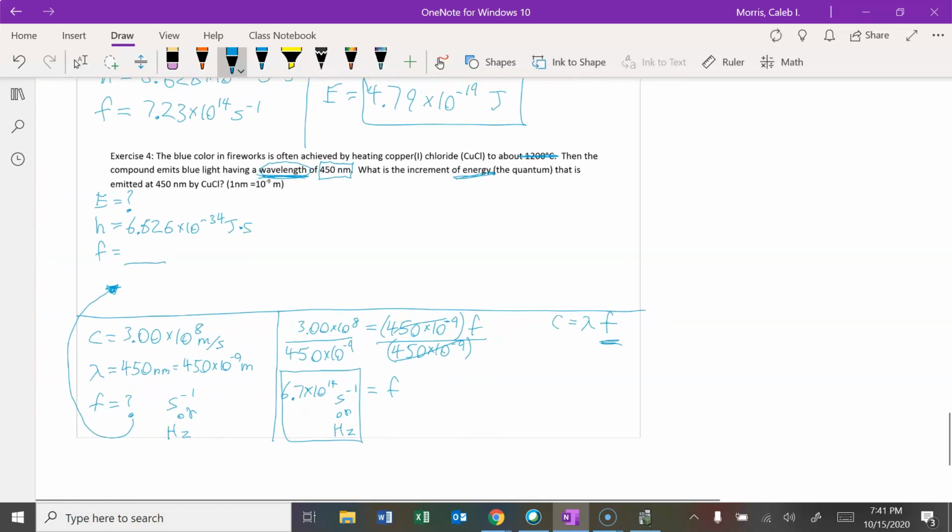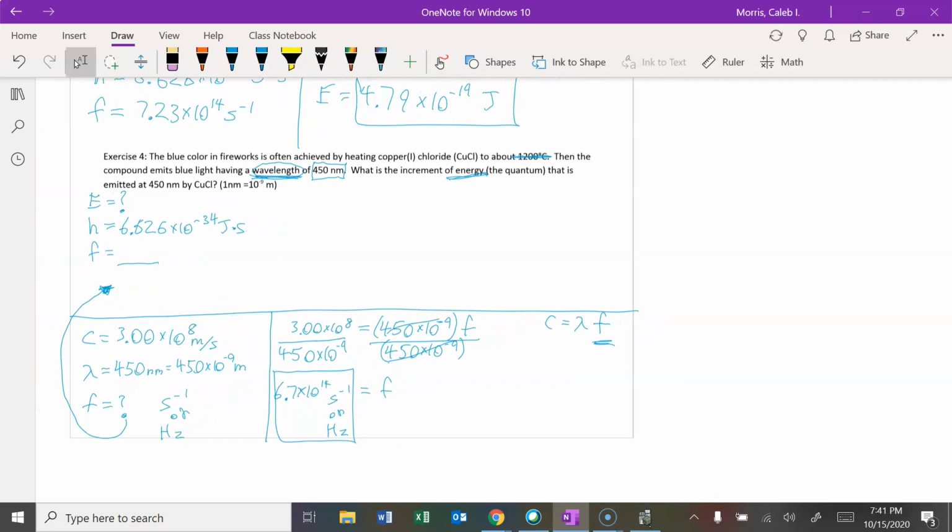Remember to look back at your question. Is that what I'm looking for? It's not. So I'm going to take that number, this 6.7 times 10 to the 14th, and move it up here so that I can solve for my energy.